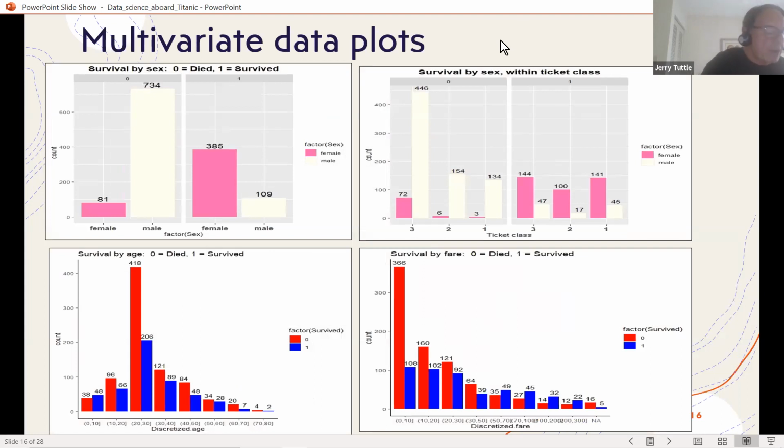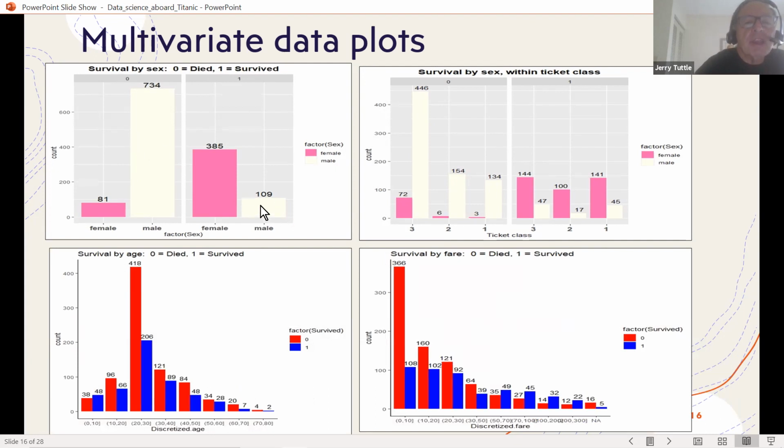These are some multivariate data plots. Now I'm graphing the died versus survived variable against one of these other variables. So this is by gender of the people that died.